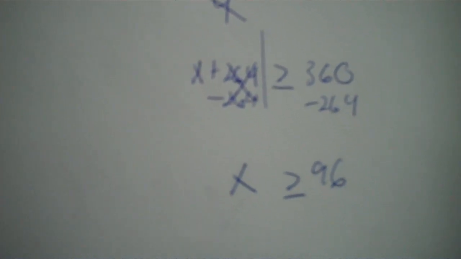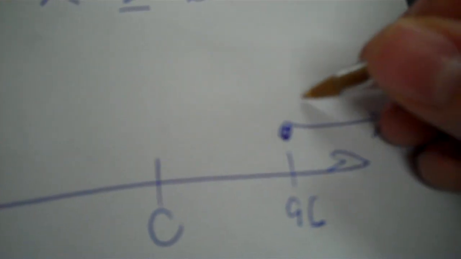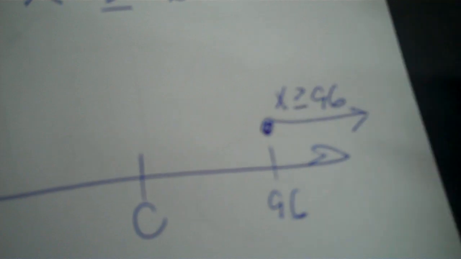At least I think I did that right. Yeah, I'm pretty sure I did. So X is 96. Circle, fill it. It's eating the letters, so it'll be this way. 96 or higher.